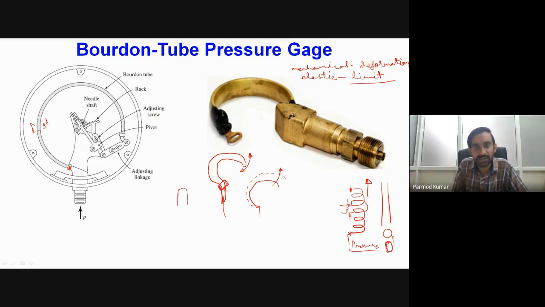Okay, so it's not a circular cross section; rather, the cross section initially taken was oval, or I can call it an elliptic cross section. Here you can see that this tube also has a certain thickness, and the cross section of the tube is elliptic.